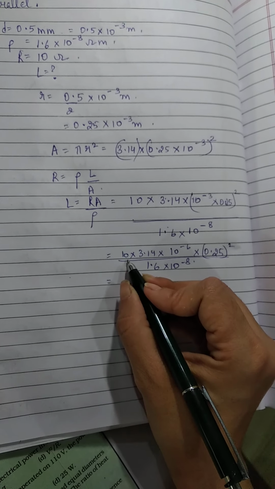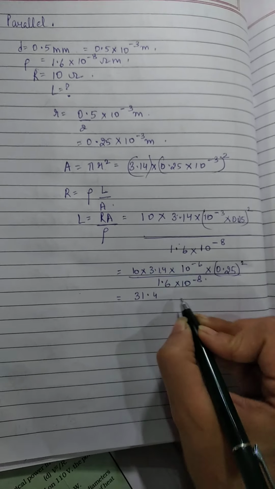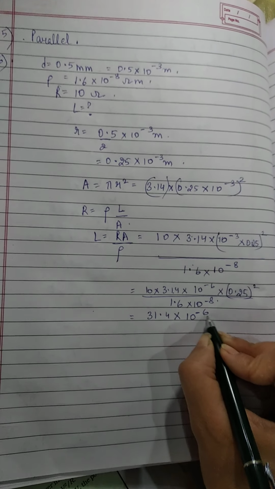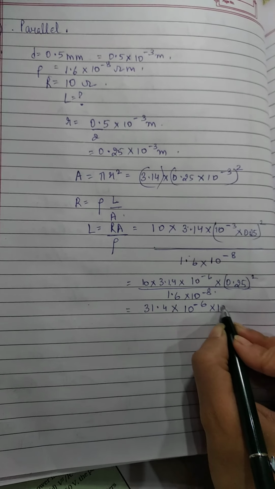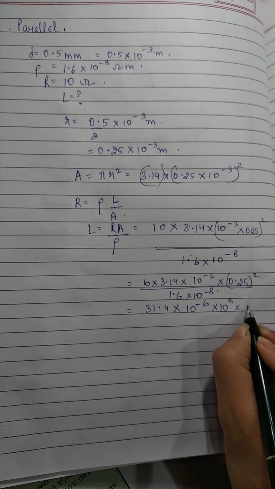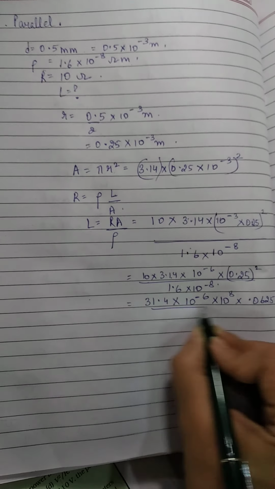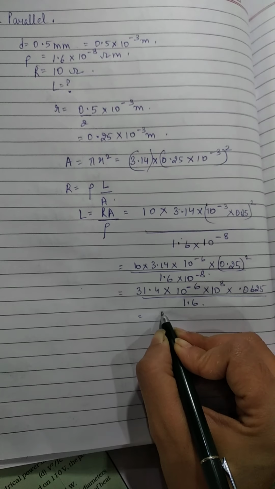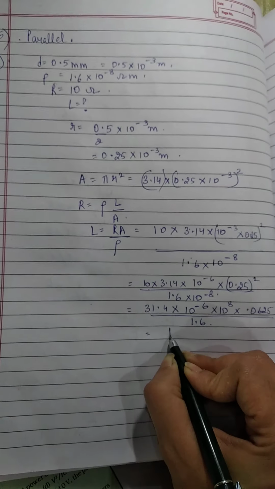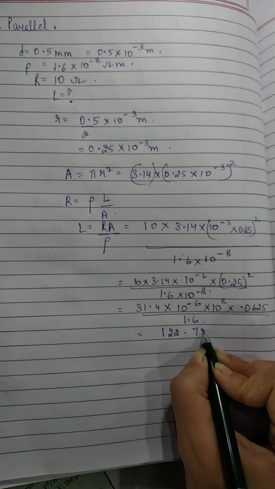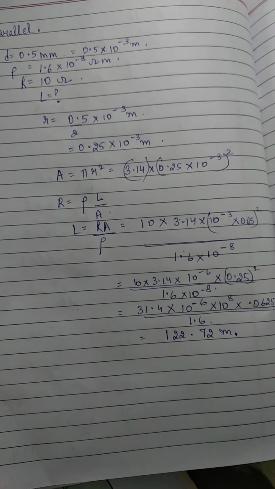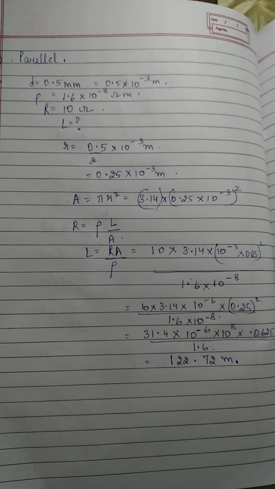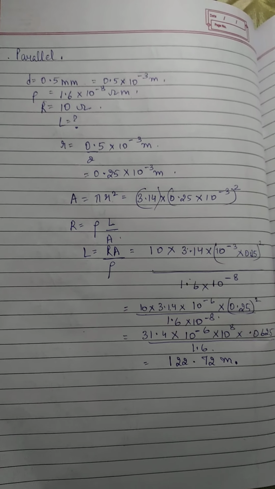On further simplifying, 10 into 3.14 will give us 31.4 into 10 raised to power minus 6 into, bring this up, 10 raised to power 8 into 0.0625 upon 1.6. So once we solve this, our length comes out to be 122.72 meters. Right?